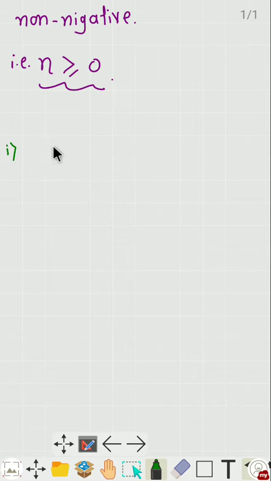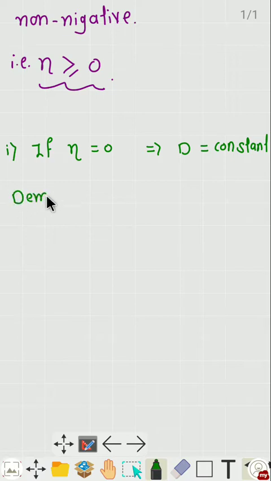So right here, if eta is equal to 0, this implies D will be constant, and in this case demand is said to be perfectly elastic.